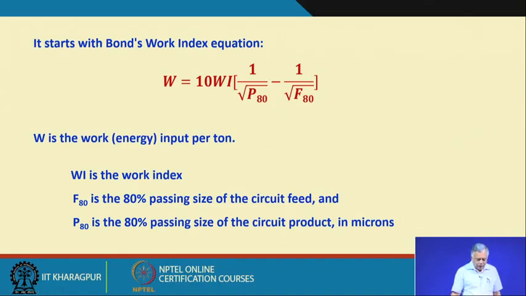That means, if I know the P80 and F80 and the work index, we can calculate through this equation how much work input is required, or has been consumed, per ton of material.